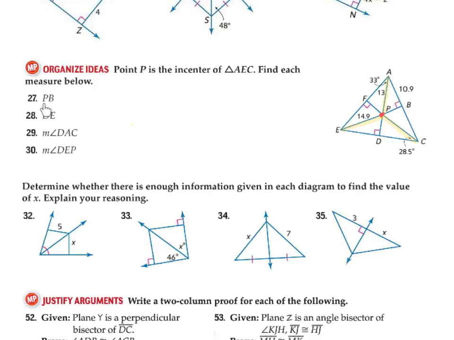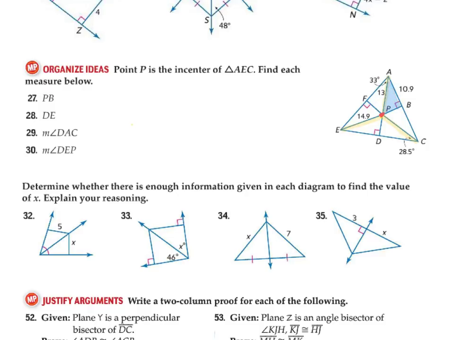Let's go back to number 27, where you're asked to find PB. Okay, so remember, PB is the distance from the incenter to a side of the triangle. Remember, the definition of the distance from a point to a line is the measure of the segment that's perpendicular. So what that means is this little triangle, let me shade it in blue, is a right triangle.